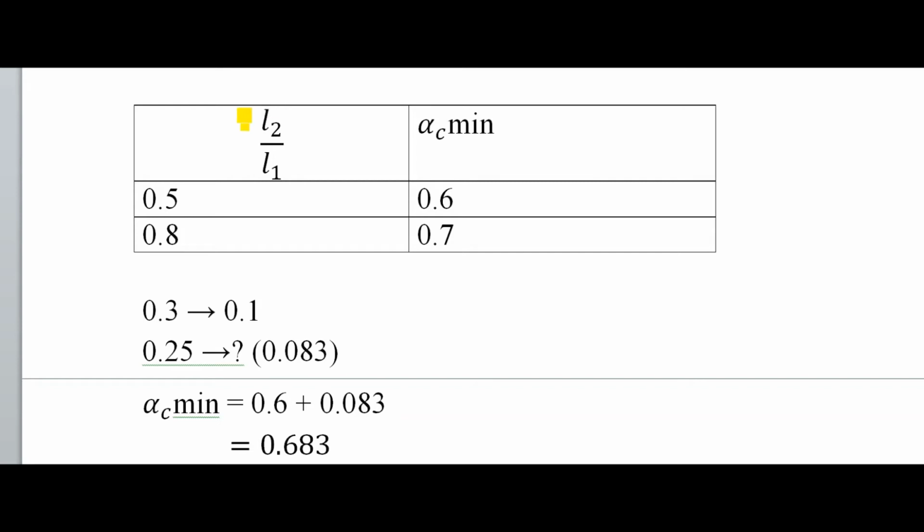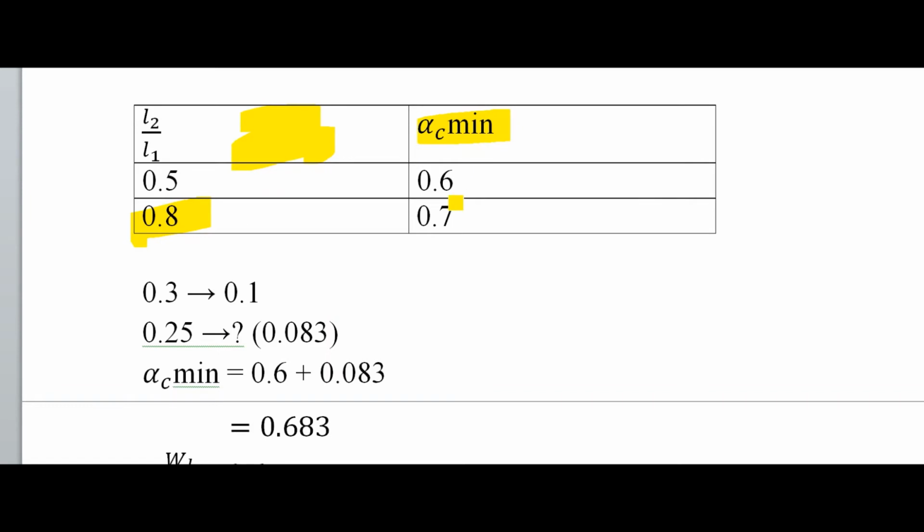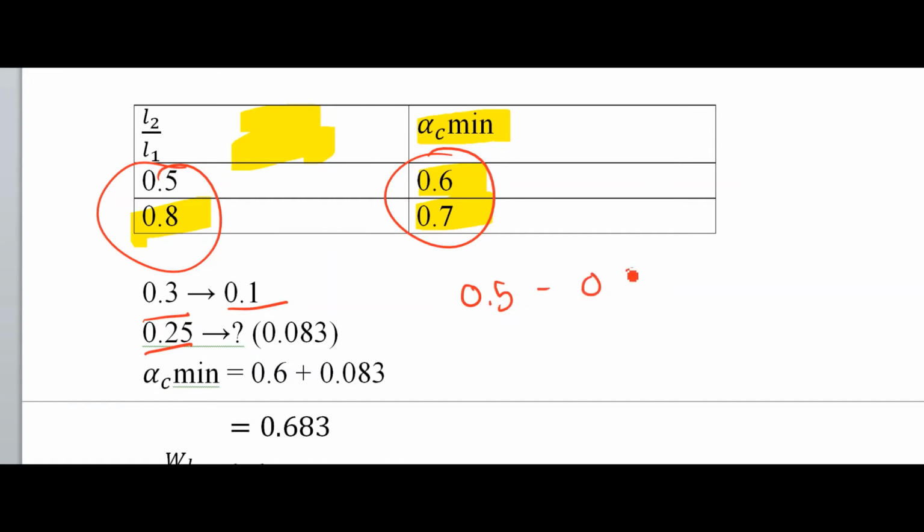Okay, L1 L2 ratio is 0.5, 0.8, same alpha C minimum 0.6, 0.7. So 0.5, 0.8 is a difference of 0.3, 0.6, 0.7 is a difference of 0.1. And 0.25 is the difference between 0.5 and 0.75, right? So this alpha C minimum is 0.063.